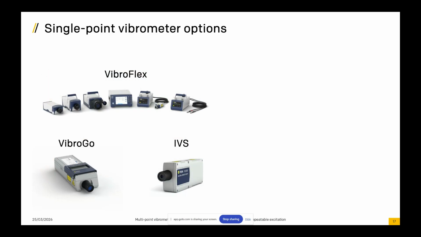The single point vibrometers that we have, like I mentioned on the last slide, are the VibraFlex series. Those include the long range, Q-Tec, differential, lots of different options there. And then we also have the VibraGo system and the industrial vibration sensor as well, the IVS.